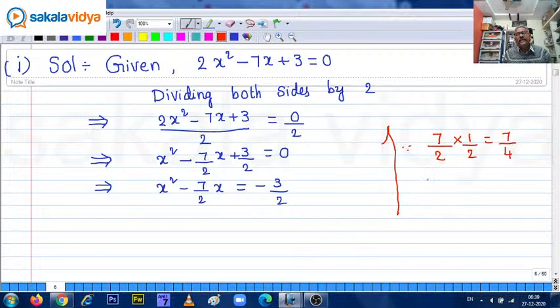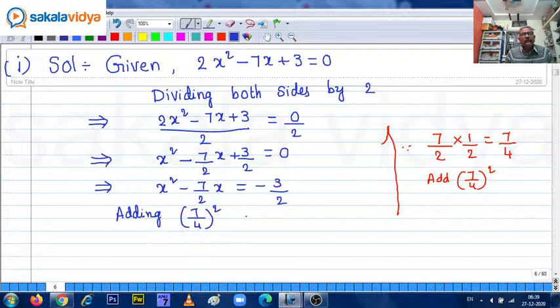That means add 7 by 4 whole square on both sides. Then you will get the answer. This is a technique. So now adding 7 by 4 whole square on both sides to make left hand side a perfect square.